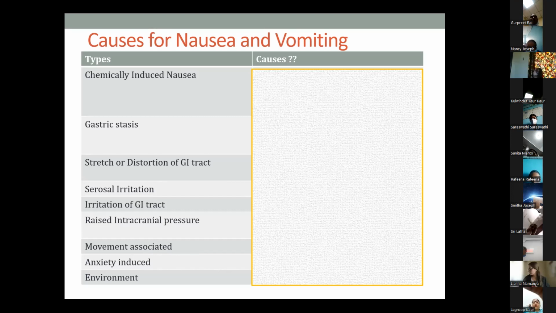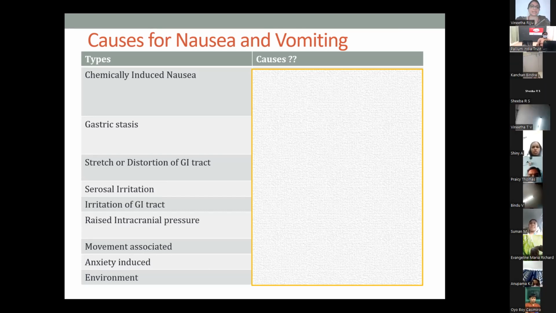Yes. Now, constipation is also a stasis, probably an intestinal stasis, which can lead to increased abdominal pressure, causing nausea and vomiting. Also, I would like to add that gastric stasis can be precipitated by some drugs like opioids itself, or by some anticholinergic drugs.